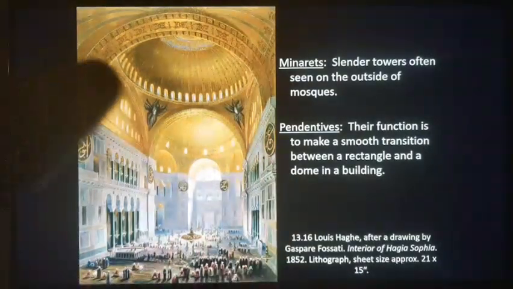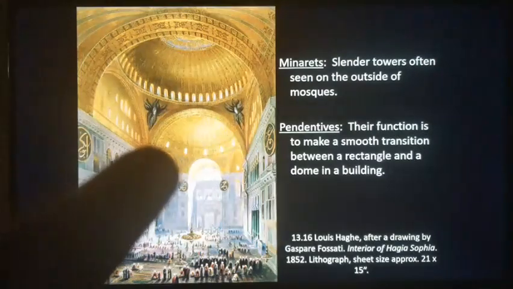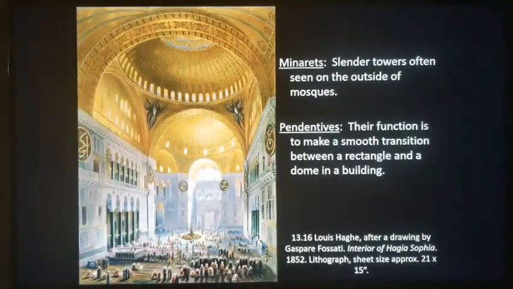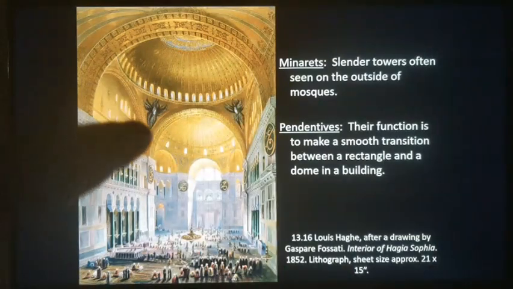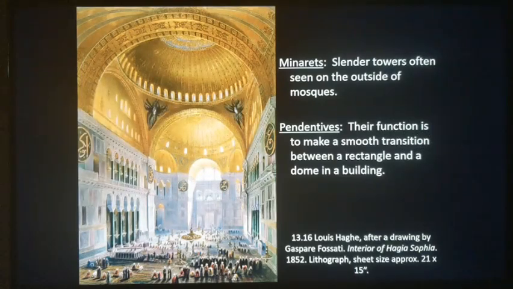So the pendentives themselves are these little rounded triangles placed in the corner, and that just smooths out that transition. You didn't have to worry about it with the Pantheon because it was a round dome meeting a round base, but instead of having these awkward corners where the dome meets that rectangular base, they are covered up with these pendentives.